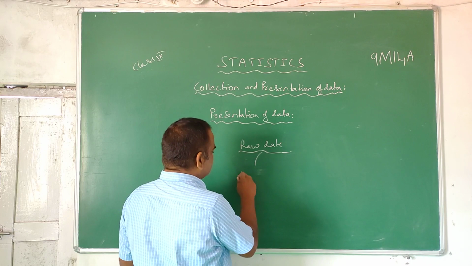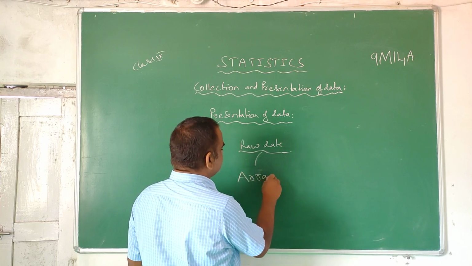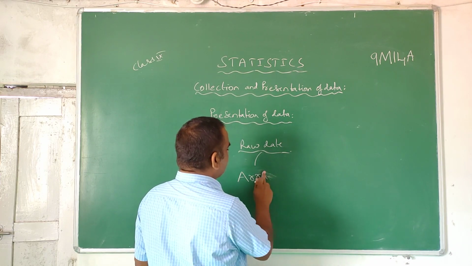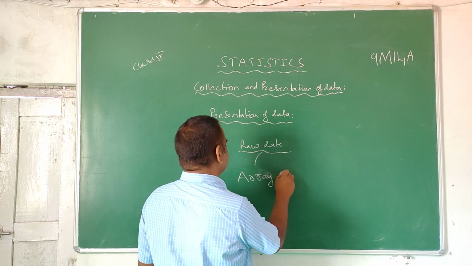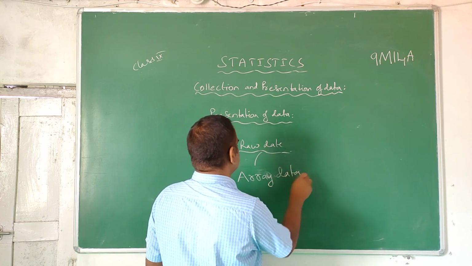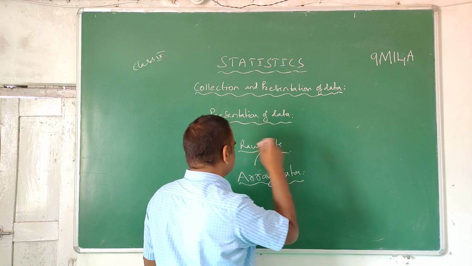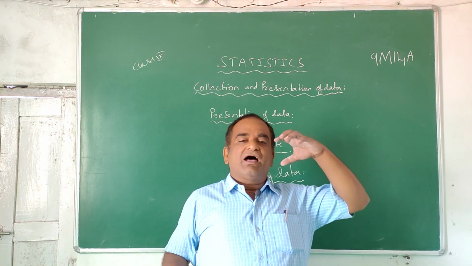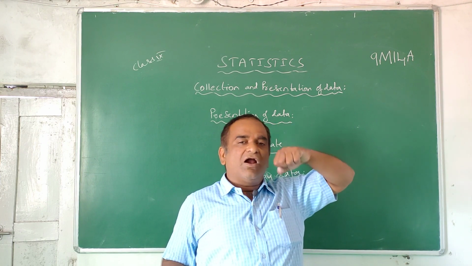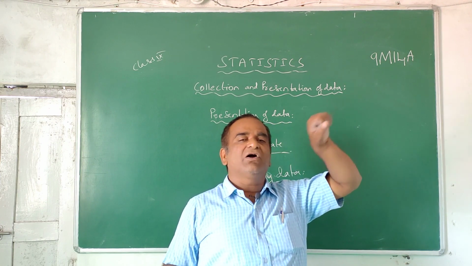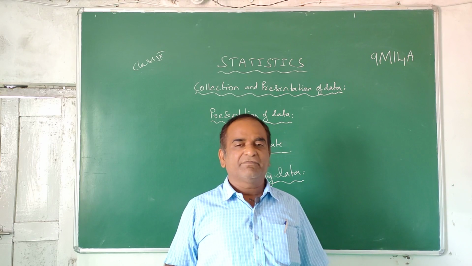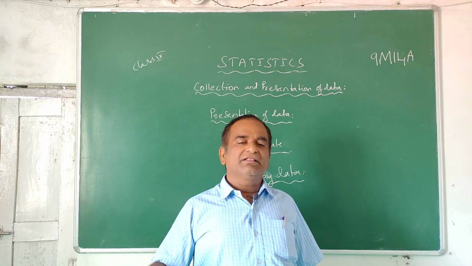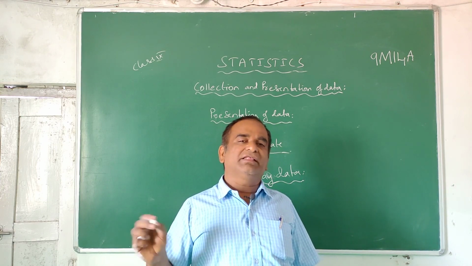Next, arranged data or array data. Array data means the raw data is put in ascending or descending order.